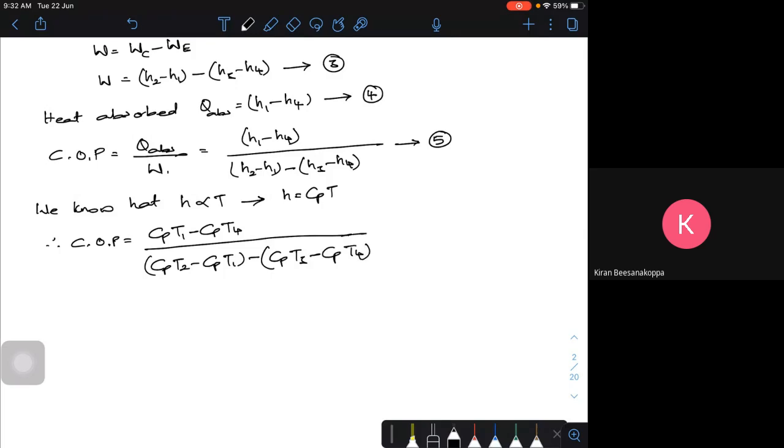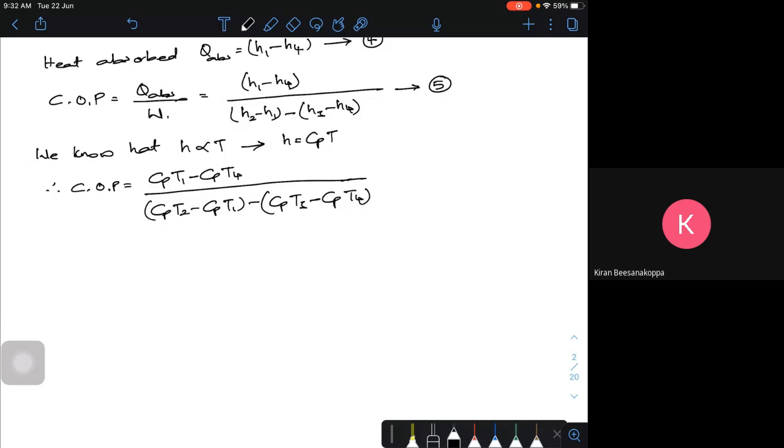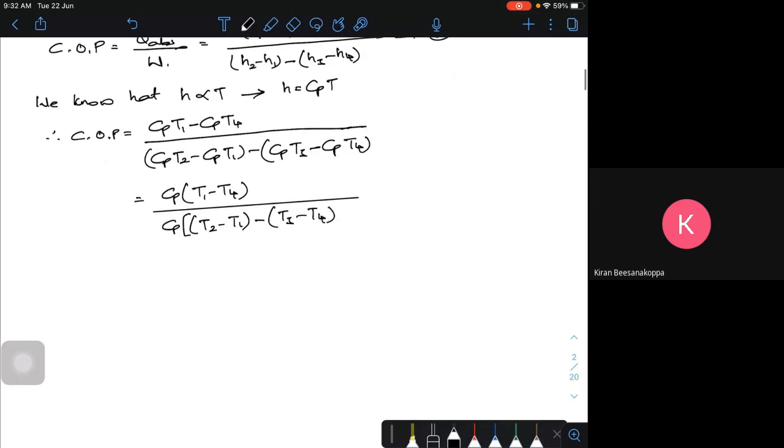So Cp is common. I can take Cp outside. So this will be Cp into (T1 minus T4) divided by Cp into (T2 minus T1) minus (T3 minus T4). So Cp simply cancels out.